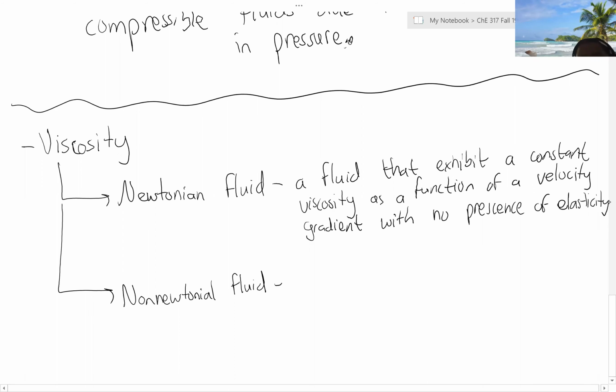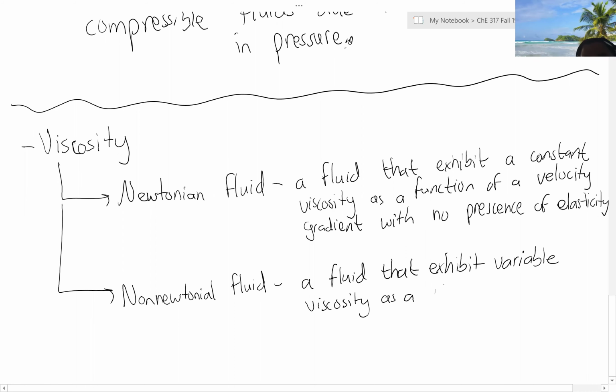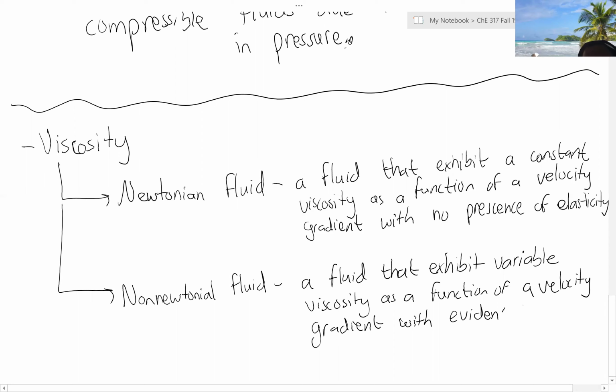And then a non-Newtonian fluid, simply put, is a fluid that exhibits variable viscosity as a function of a velocity gradient with evidence of elasticity. And I know those definitions are kind of wordy and they really don't explain a lot.